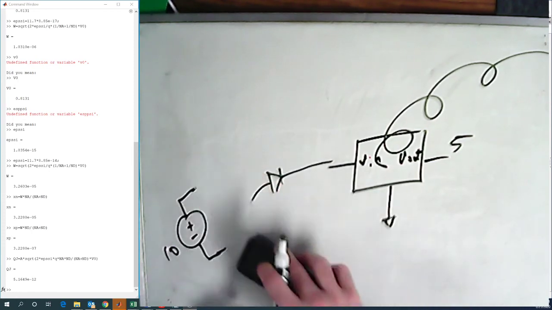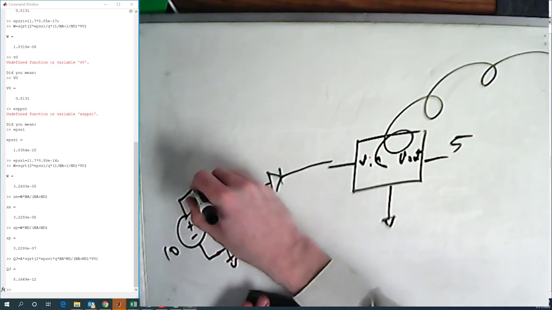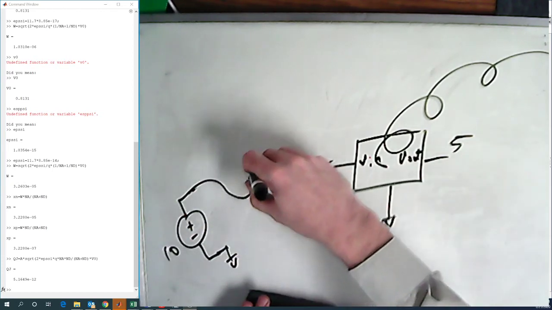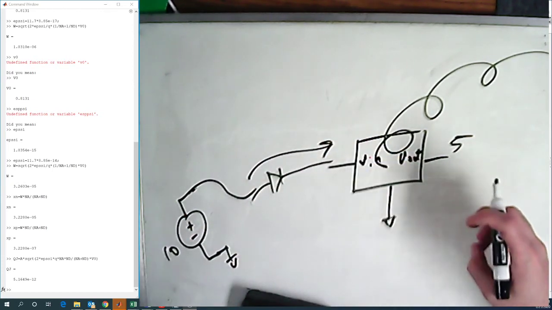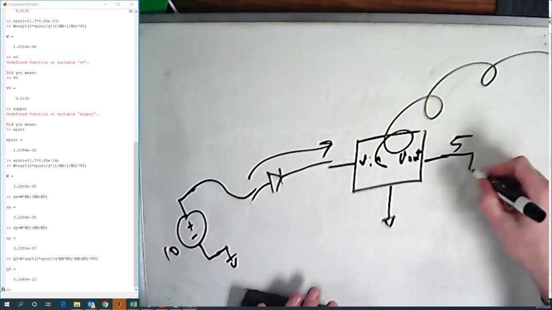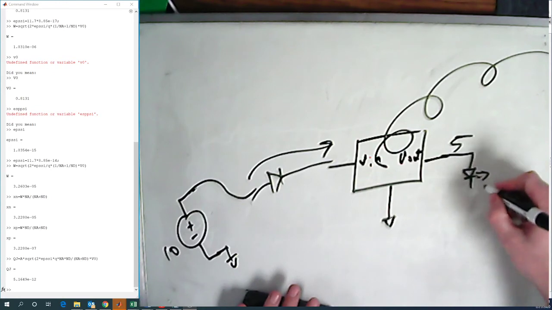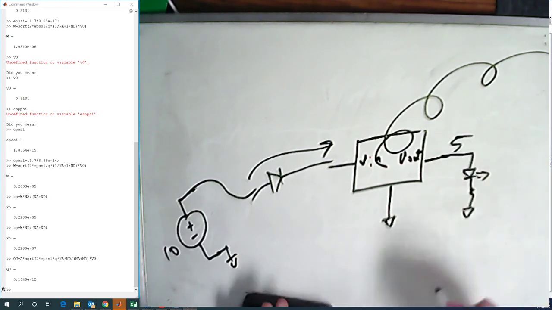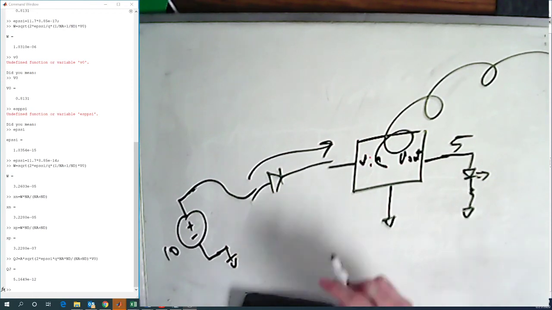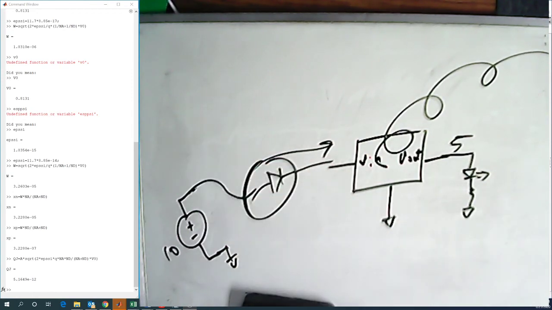If I hook this up properly, current's going to go through this. We're going to put this over here, and just what I would do over here, I'm going to use another LED, another diode. Going to have an LED over here that indicates that sure enough it did get powered on. And so that way the smoke doesn't come out. So really simple, one diode protection circuit. Make sure that the current only goes one way.